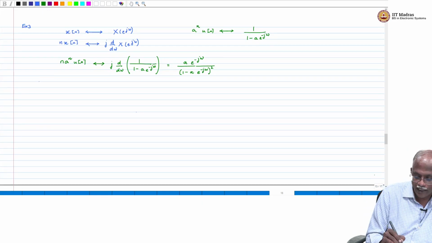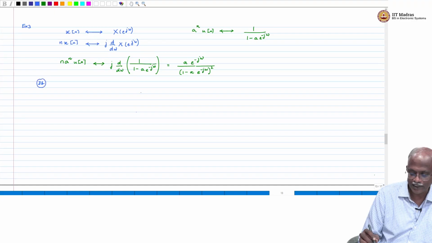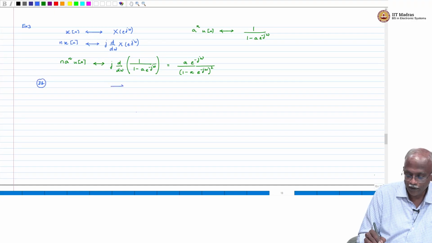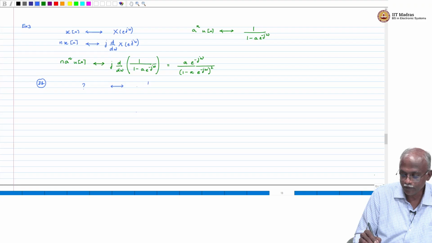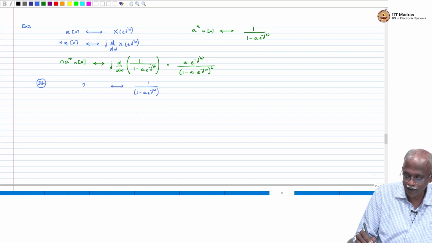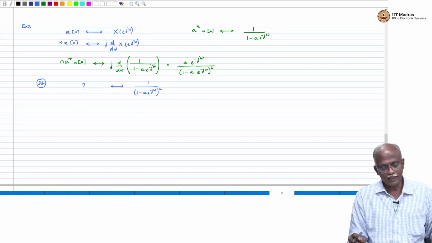Now comes part 3b, an application. I want to find the time domain sequence that has a discrete time Fourier transform given by 1 over 1 minus a e power minus j omega, whole squared.